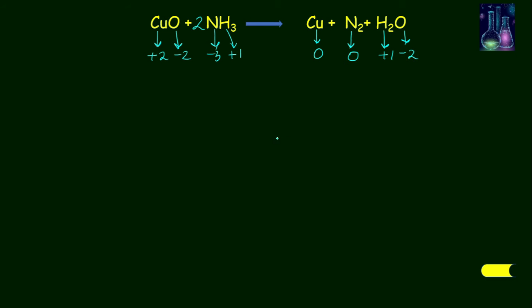Now let's see the increase and decrease in oxidation state per atom. In the case of copper oxide to copper, the oxidation state changed from +2 to 0. That is decrease of 2 per atom.